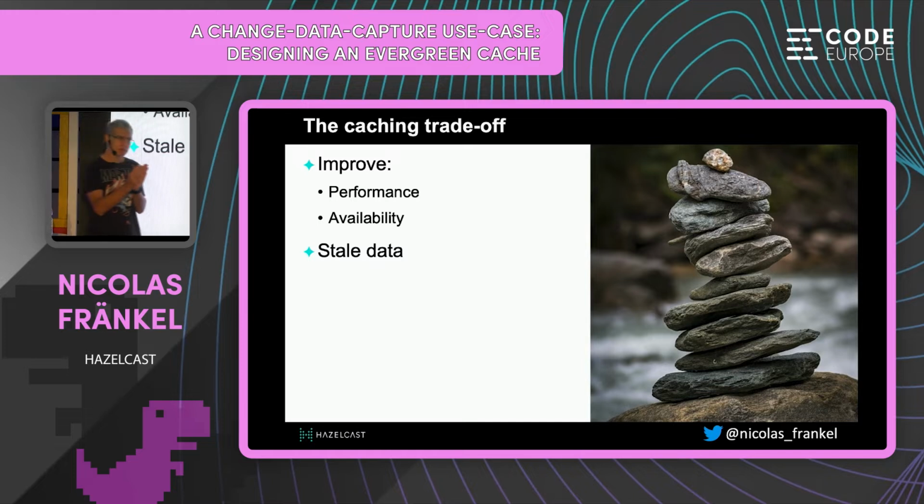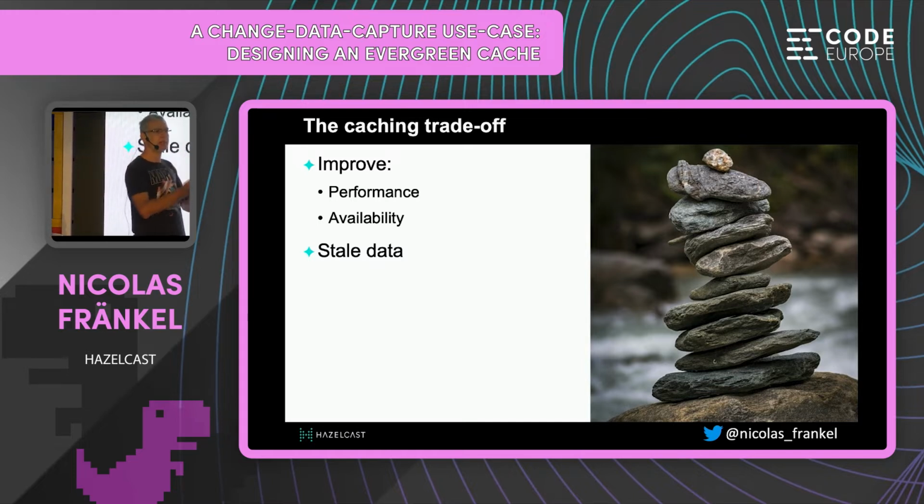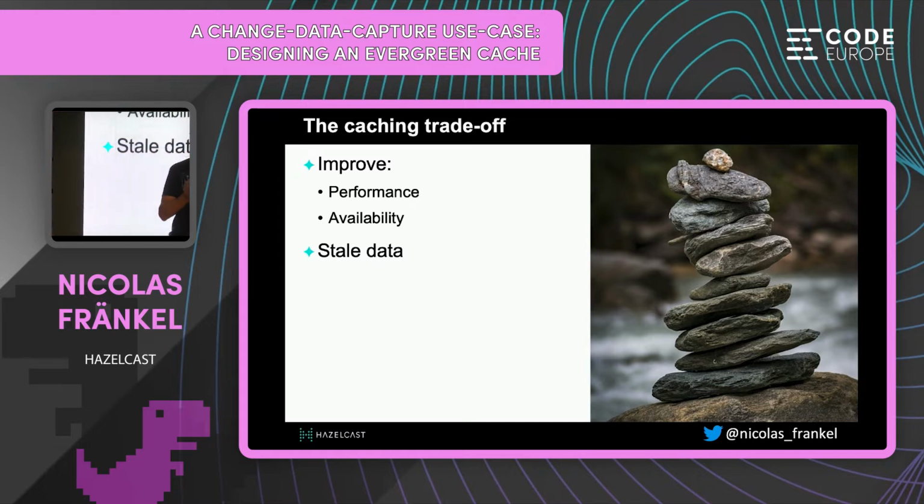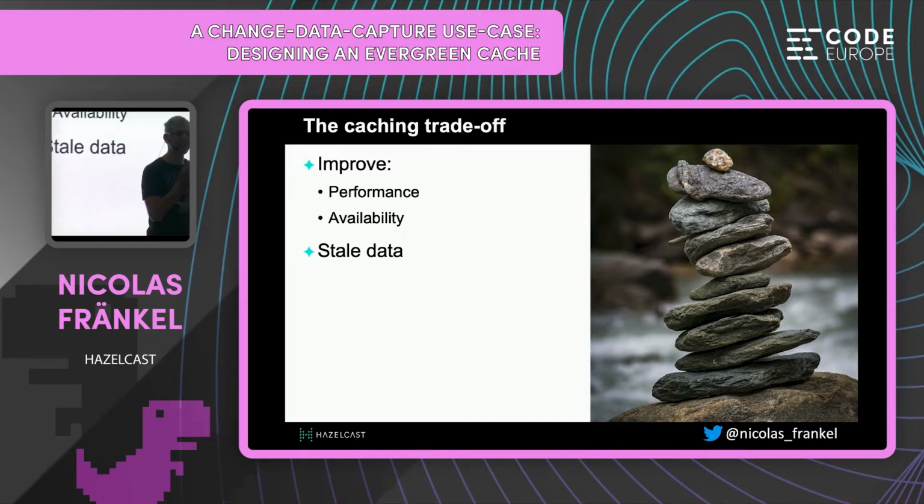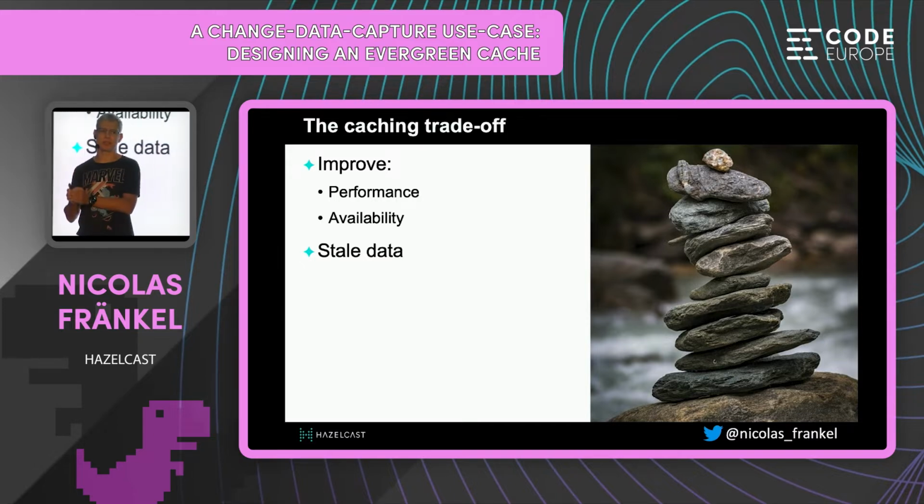So first, caching is not bad per se, please. If somebody tells you caching is bad, yeah, they don't know anything. Caching, like any solution in IT, is a trade-off. It has pros, it has cons.